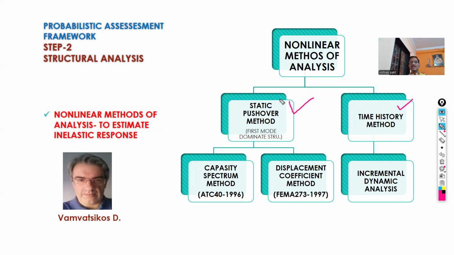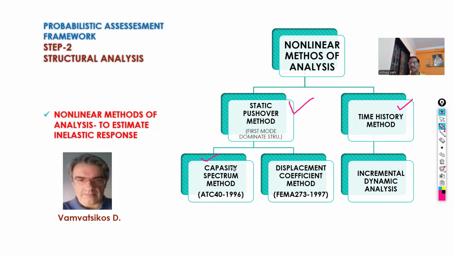But this is a theoretical case, and this method is to be used only when the structure is a regular type of structure, that is, a first-mode dominated structure. This static pushover is further bifurcated into two methods.